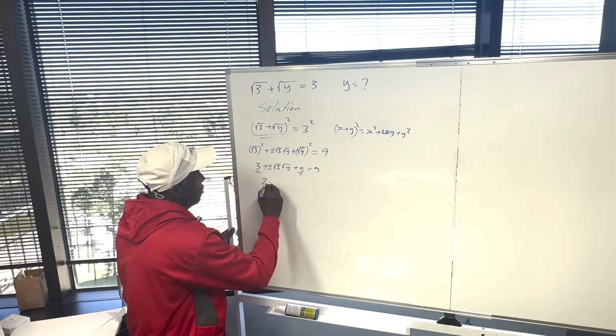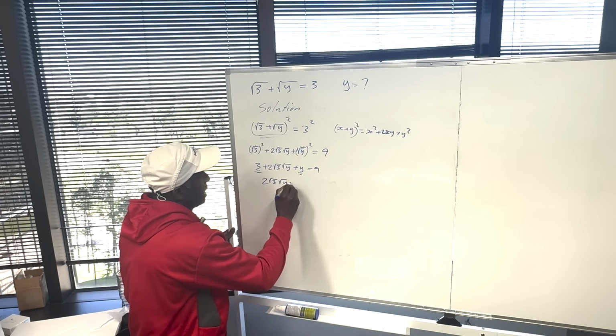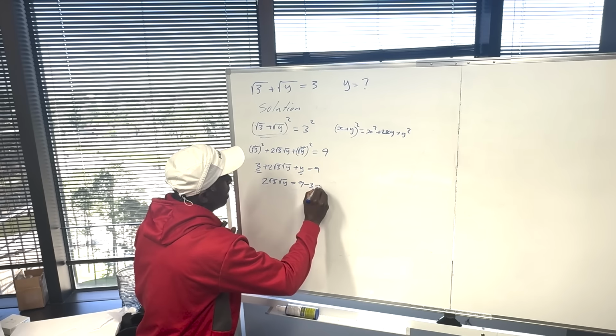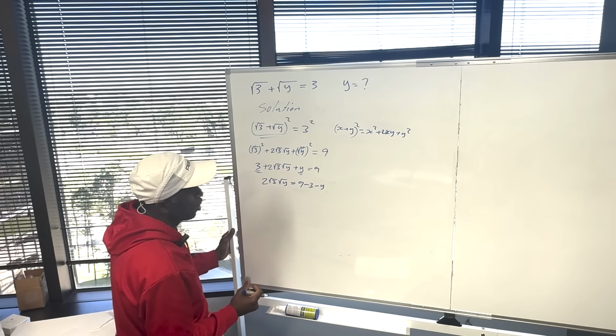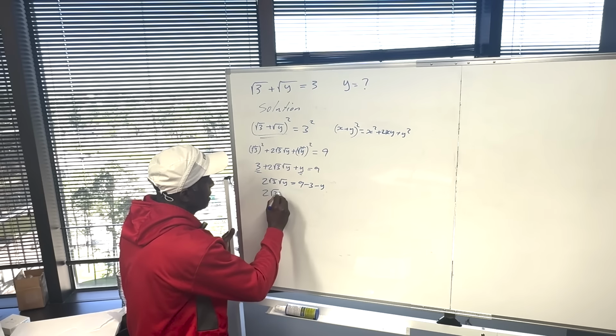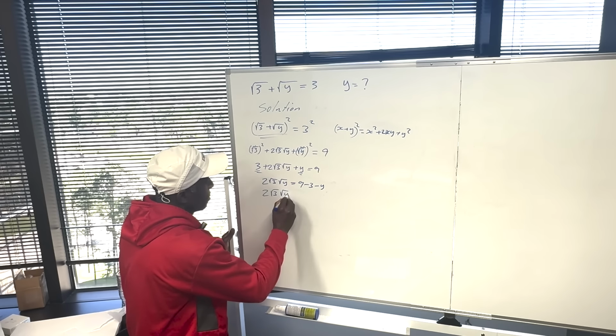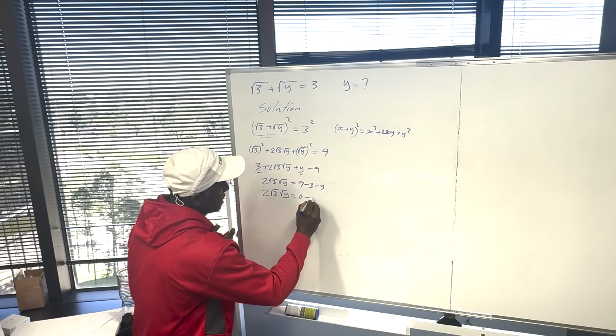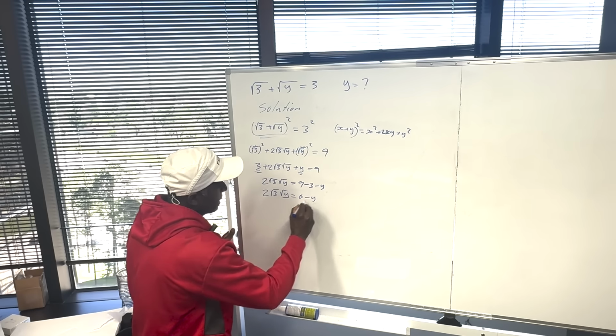So we're left with 2 square root of 3 square root of y is equal to 9 minus 3 minus y. So we are left with 2 square root of 3 square root of y is equal to 6 minus y.